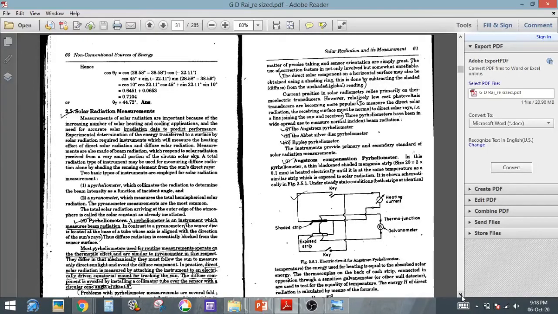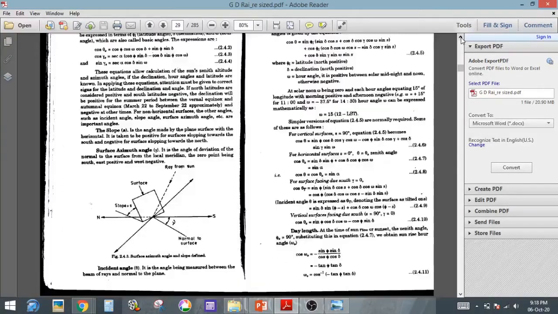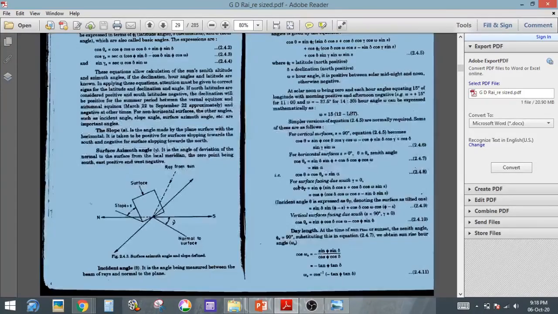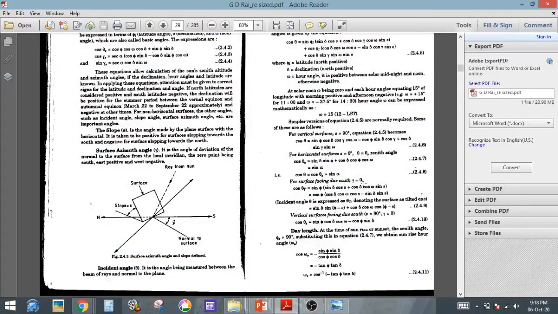And finally, cos theta t equal to, in this case, for surface facing the south, gamma equal to 0, cos theta t equal to cos phi cos delta cos omega cos s minus sin delta sin s.